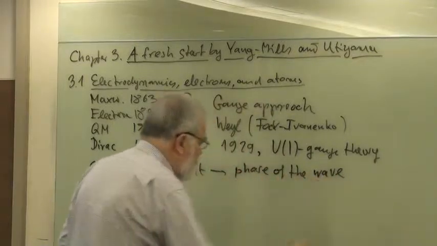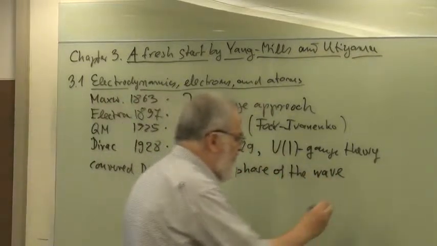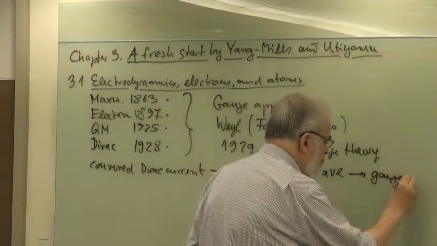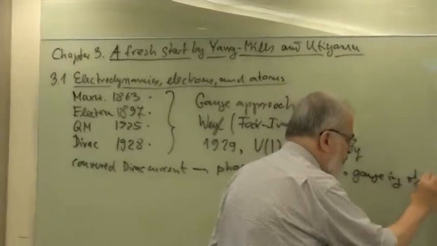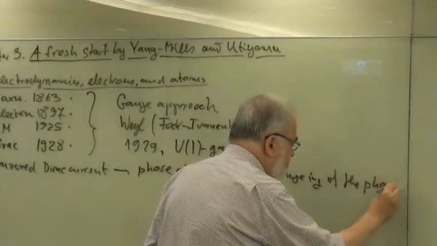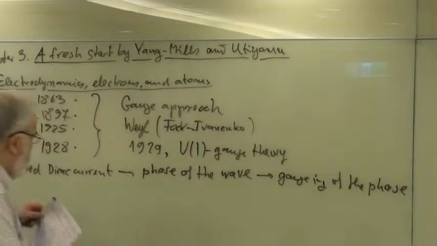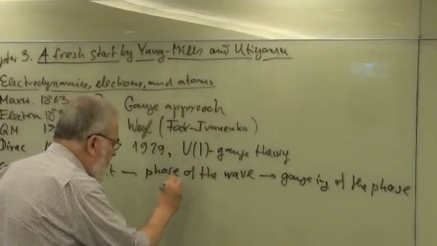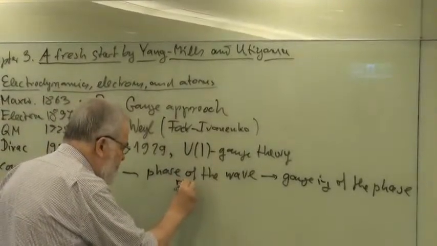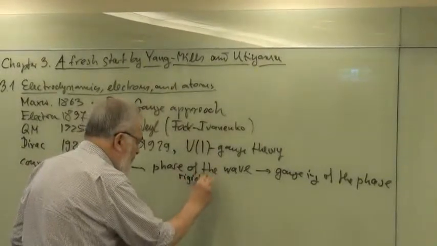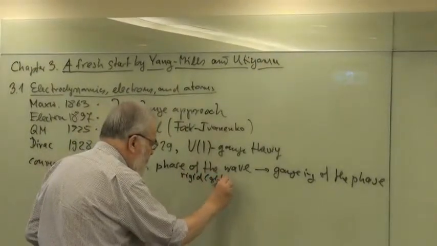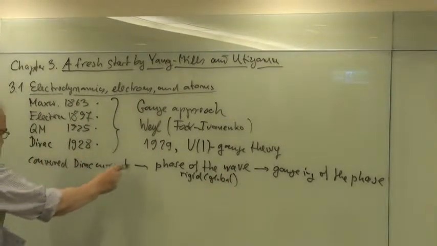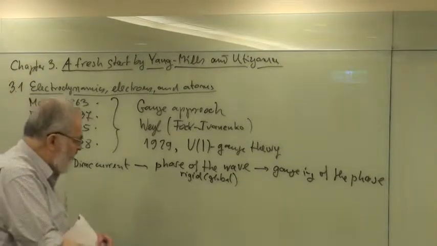This rigid or global phase invariance left the Lagrangian invariant and had the conservation of the Dirac current as a consequence.